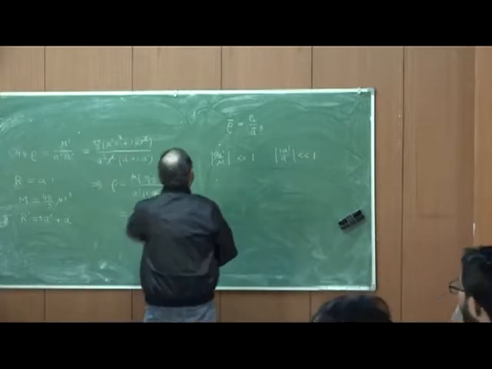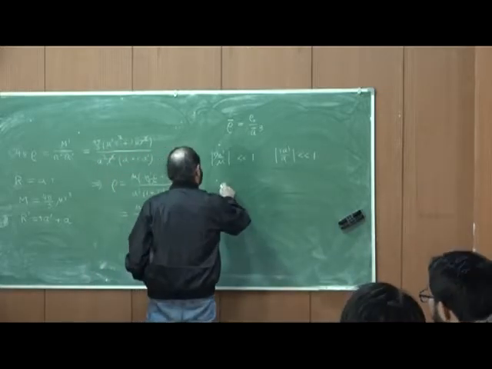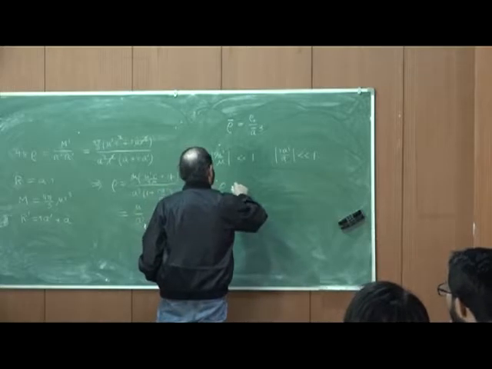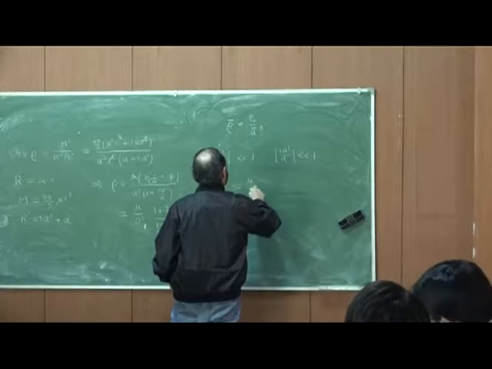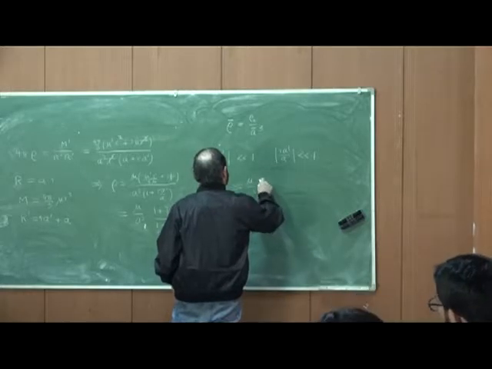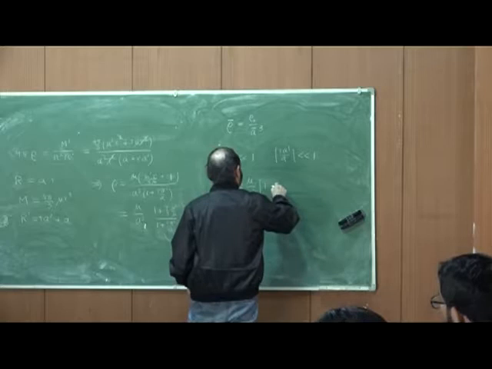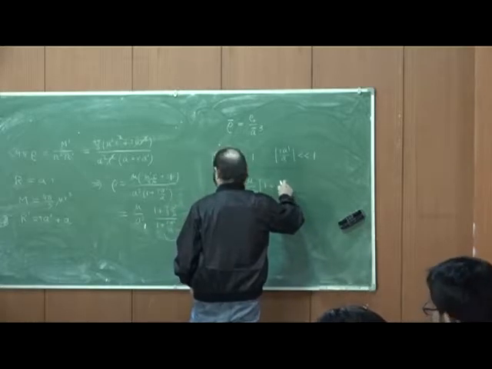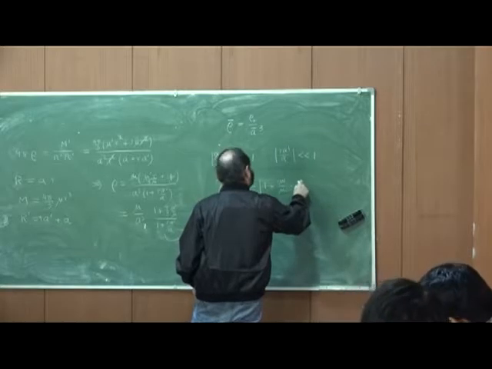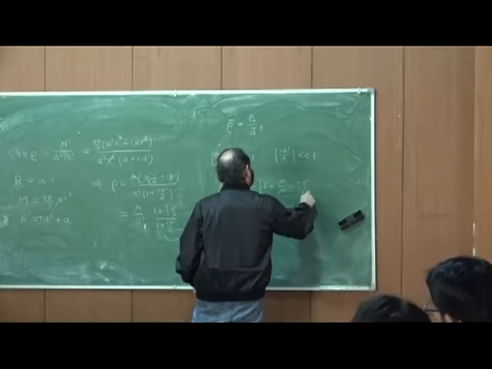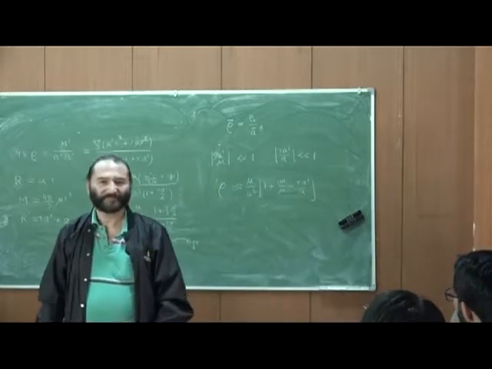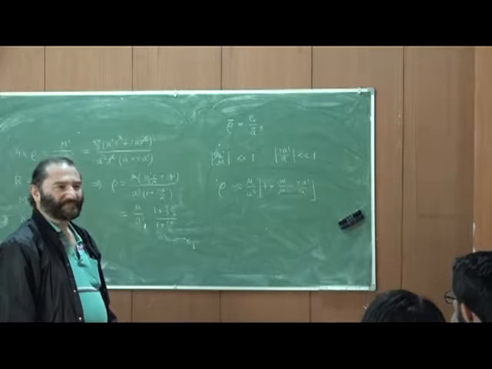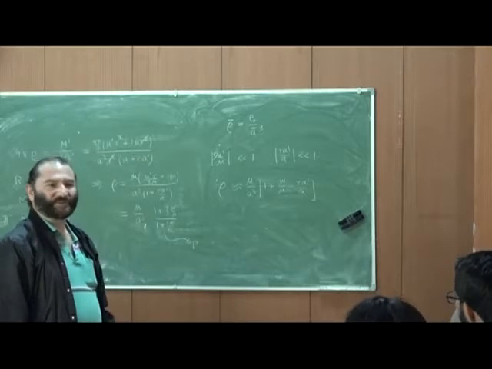So suppose we have this, then you can show that rho is approximately mu times A cubed times something like this. Just do a Taylor expansion.